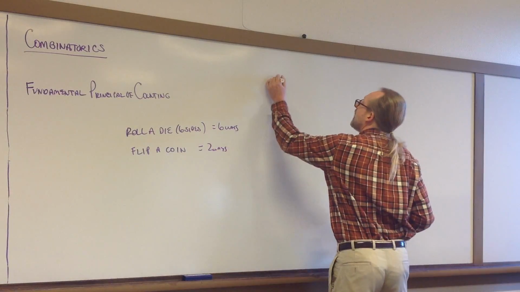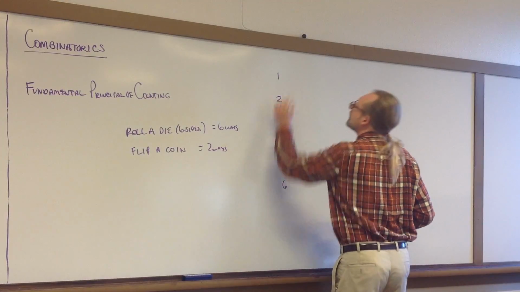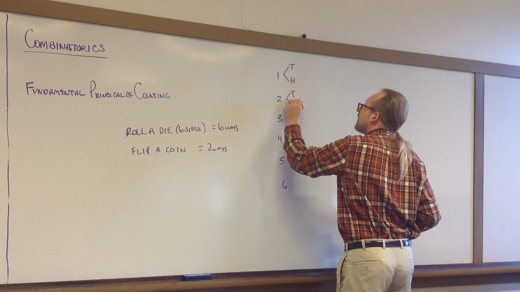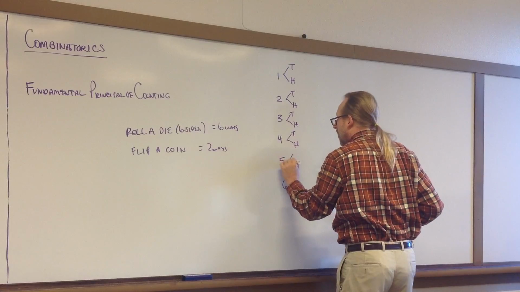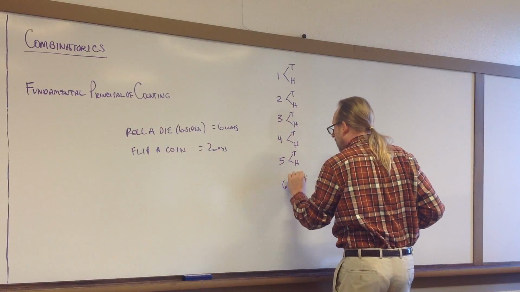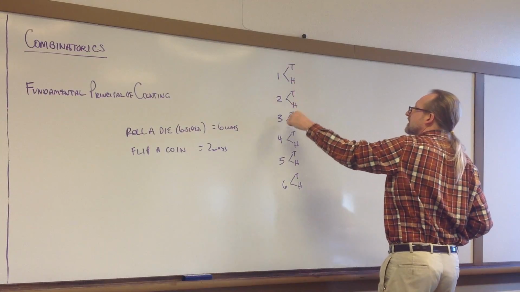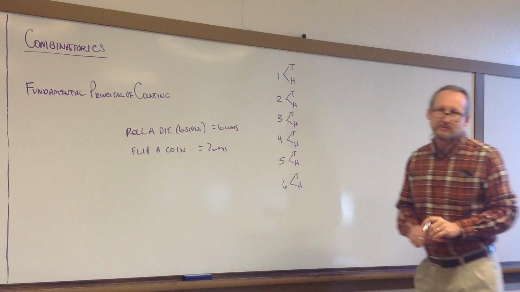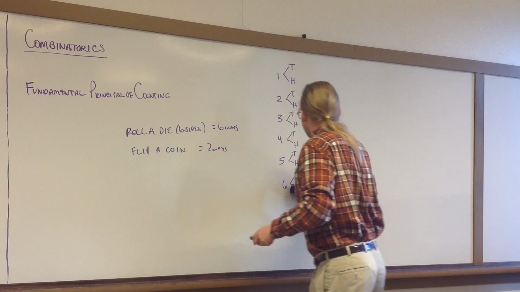Here's our tree diagram. You could get a 1, a 2, a 3, a 4, a 5, or a 6, and after each one, you could have a heads or a tails. So you've got 12 possibilities, 2 times 6. It's a pretty straightforward concept.